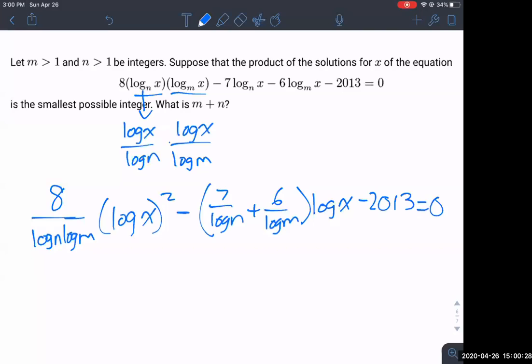Make sure you know what the question is asking for in this case, because here they're asking for the product of the solutions for x. Let's say that the solutions for x would be x1, x2, and then we want to find the product of that.